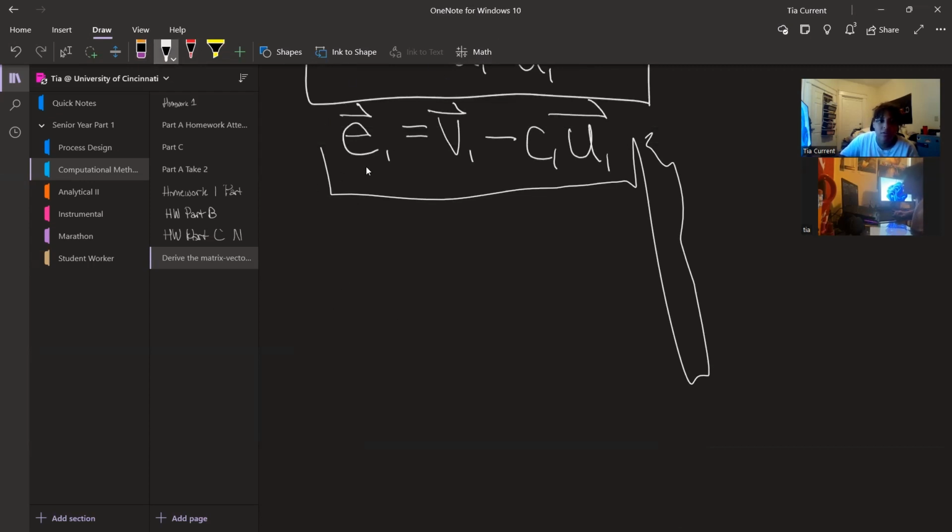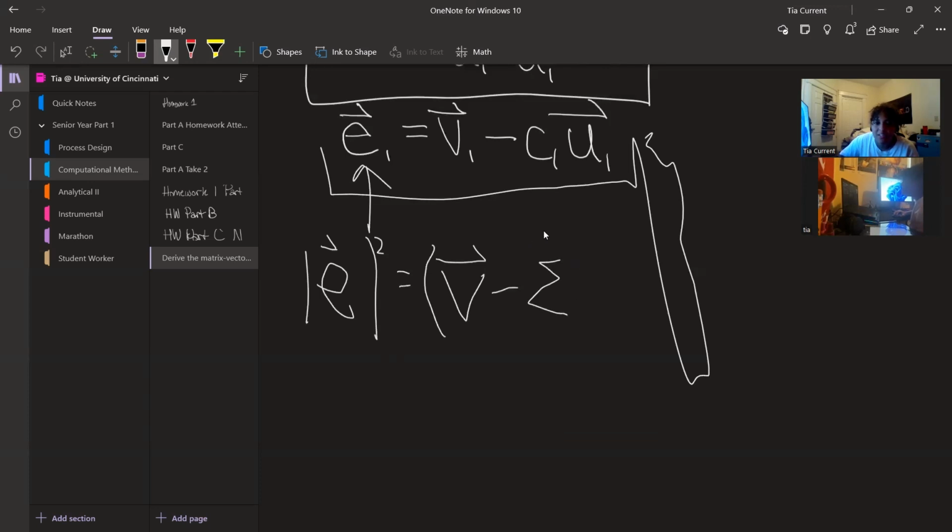Okay, so we're going to square this. So you're going to get, pretend that's a vector sign. Your dependent variable minus, and we want to do a summation so we can minimize our error.